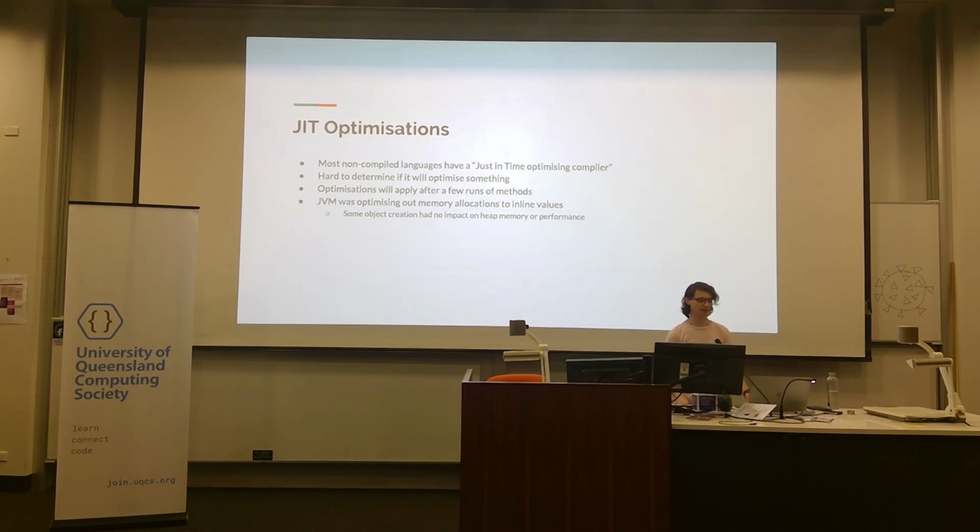But this does mean it is hard to determine if something will actually optimize your code because Java may be doing it already, and most other languages do very similar things. The C compiler even does a lot of optimizations before even running the code. JavaScript, in the web browser, the V8 team have done a lot of really weird stuff to get things faster.